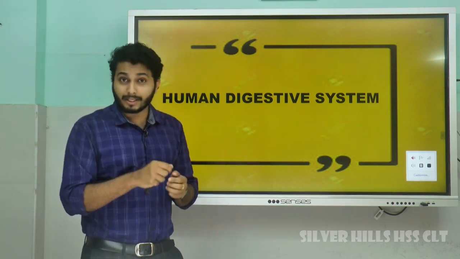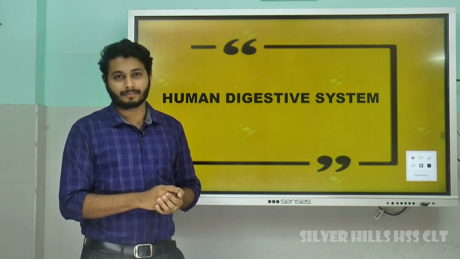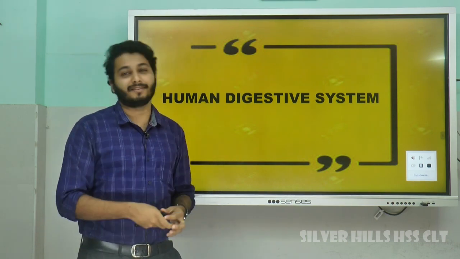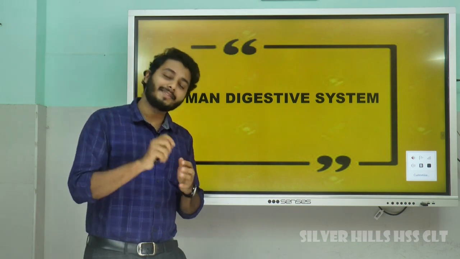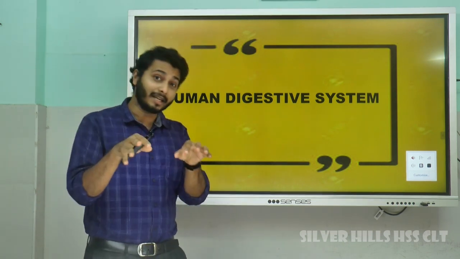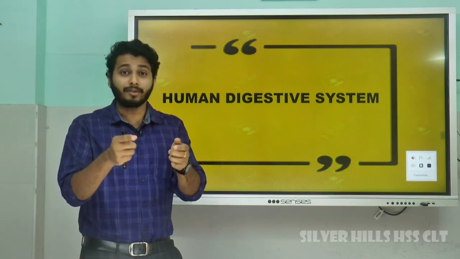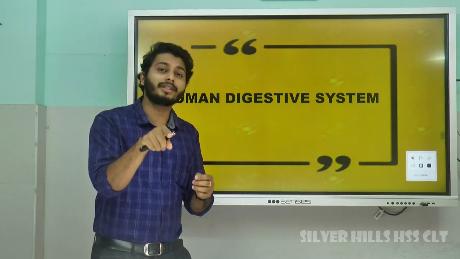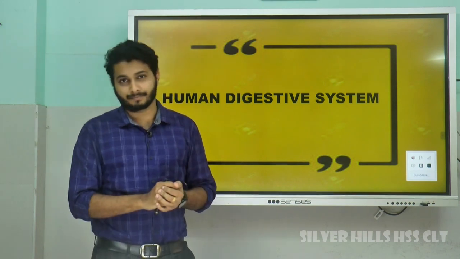You already heard about an organism called hydra. Hydra is a freshwater living microorganism. The type of digestive system in hydra is said to be incomplete. It is incomplete because the food enters into the body of the hydra through one aperture.